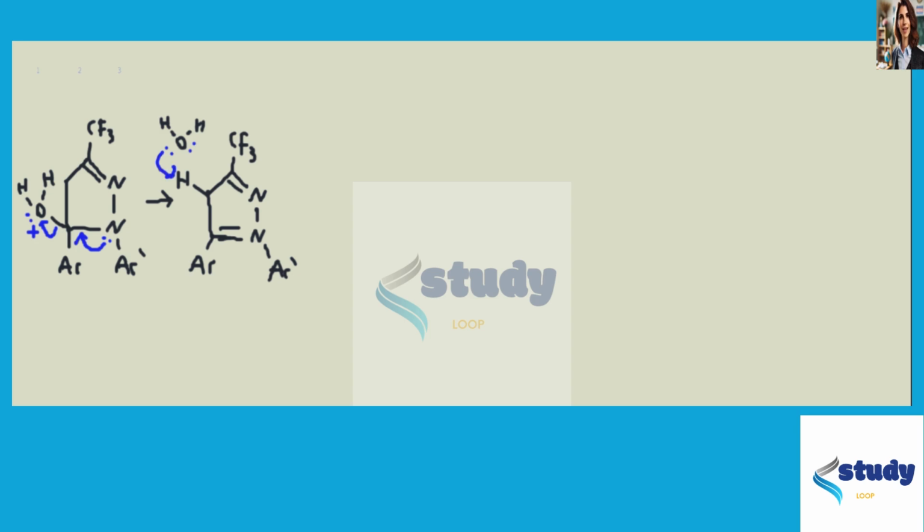So this water can grab a proton. Those electrons can go there. These electrons can go back to this nitrogen, which of course had a positive charge on it that I omitted. And so that is going to be our final product.